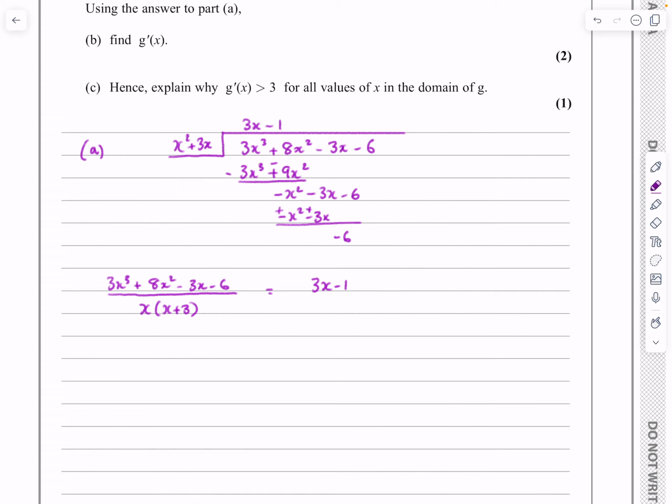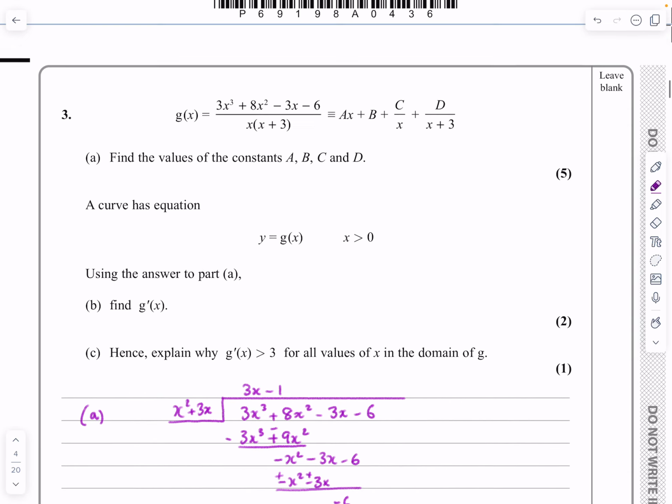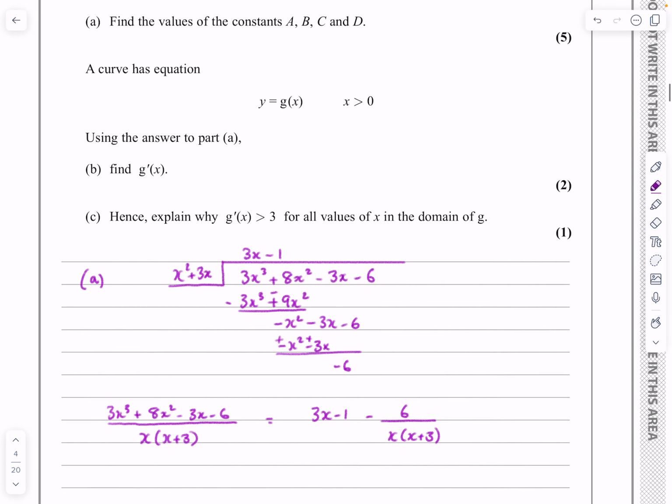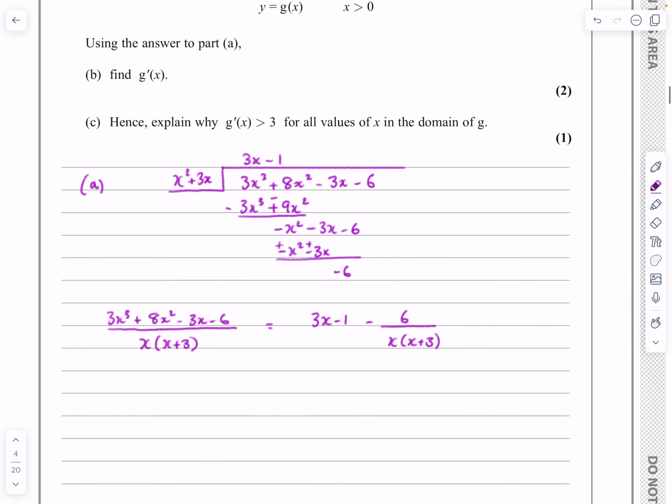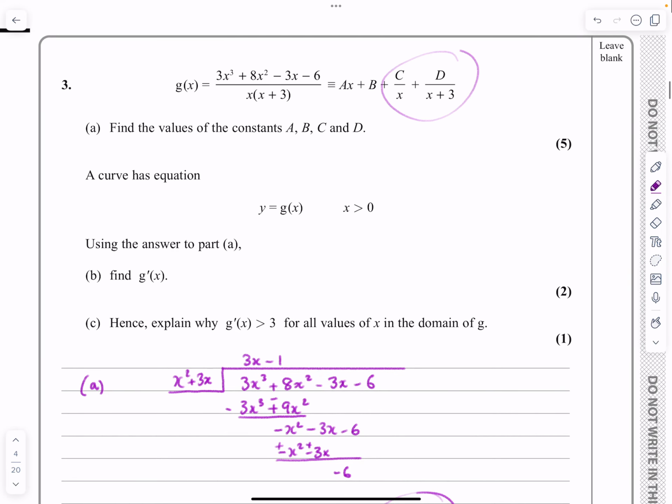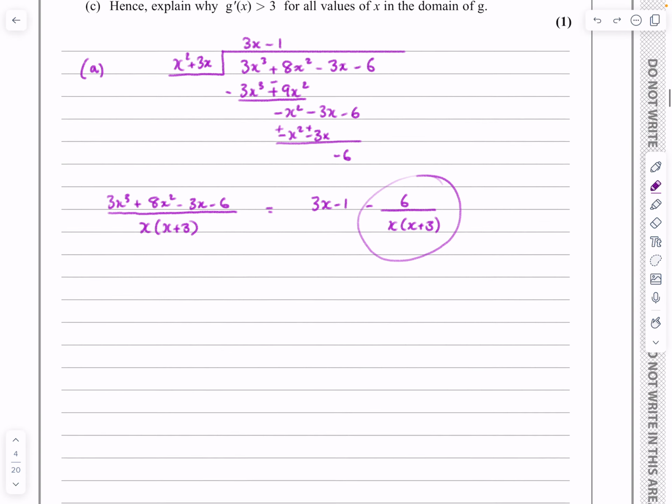And what are we left with? We're left with minus 6 as a remainder, and it's minus 6 out of x(x plus 3). So if I look at what we had there, I've got my ax plus b. This bit now needs to be tidied up to make c over x and d over x plus 3.